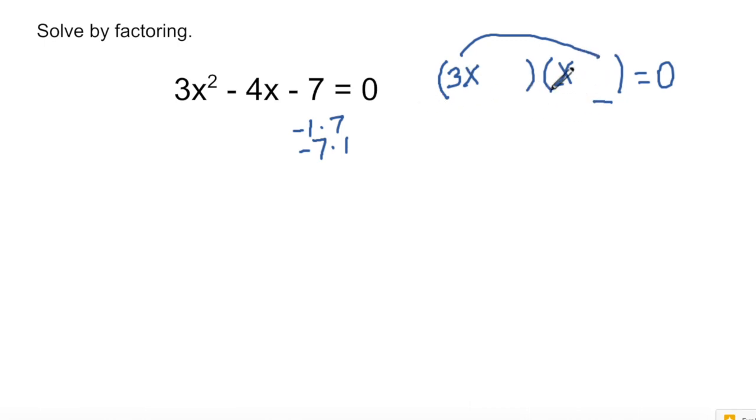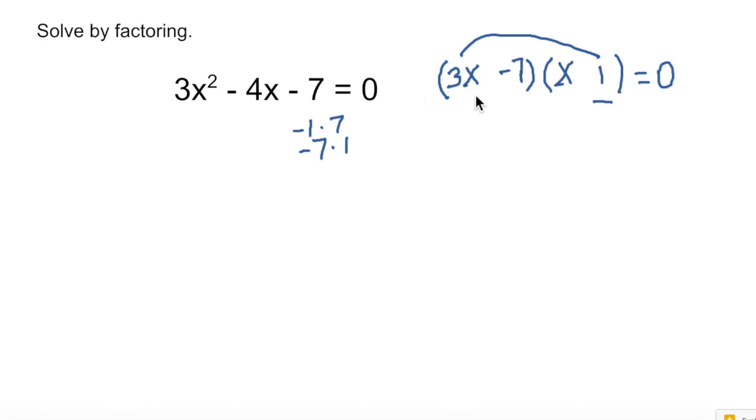So let's see, if we put a 1 here, and we put a negative 7 here, does that work? Well, this is trial and error, because if this doesn't work, then we have to try 1 over here and negative 7 over here, or we can try negative 1 and 7. So there's actually 4 possibilities, right? There's 2 different pairs of factors, but there's also 2 different positions for them each.